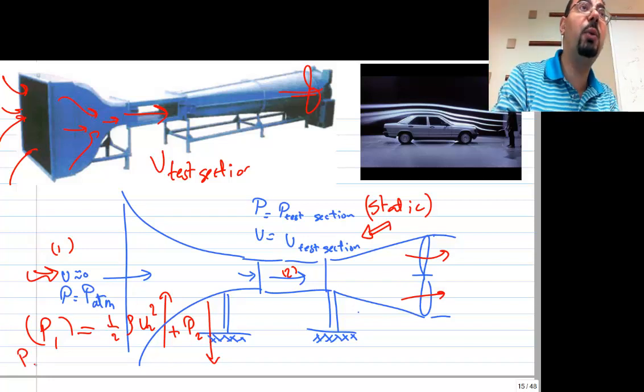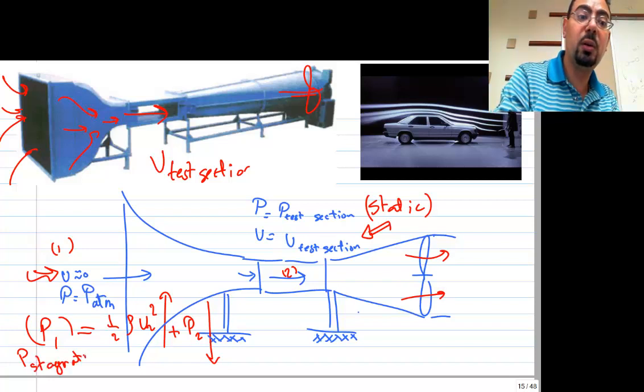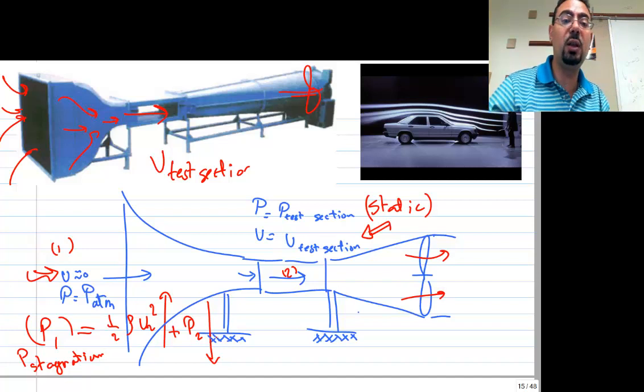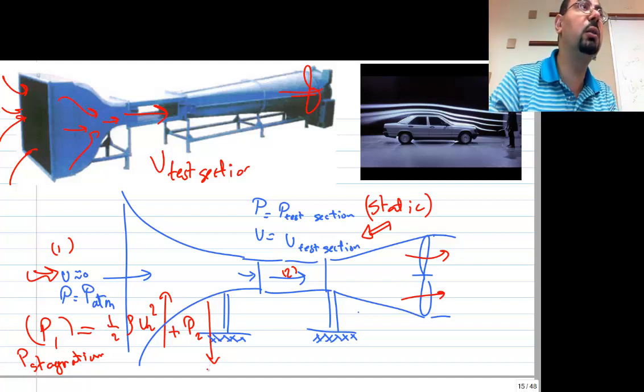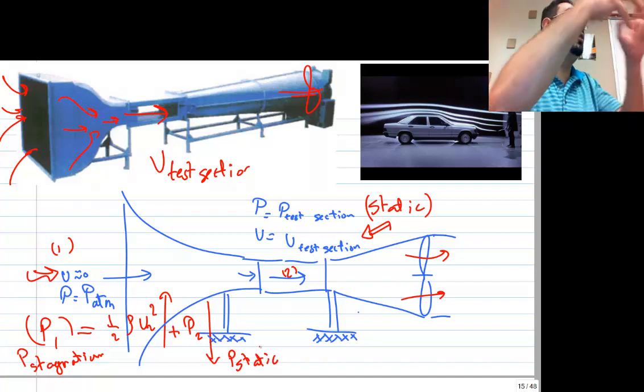So P1 is the stagnation pressure. If the air has 0 velocity, you will get P1, the high value. And P2, that's P static. Why is it so low? Because the air is moving now.